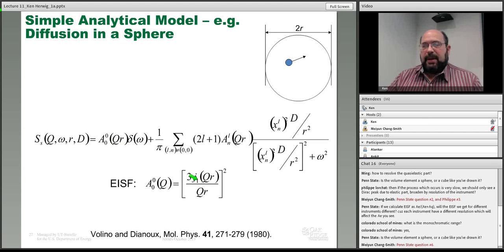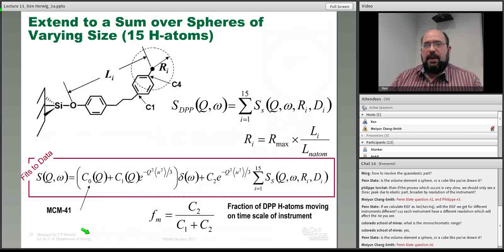It's just a simple Bessel function. And again, the model is here if you want to look it up. This is one of the simplest cases, and it's used quite broadly in the literature for motion that's restricted in space. All right. Now, let's go back to our cartoon of the attached molecule.